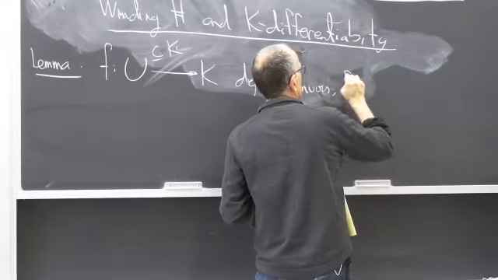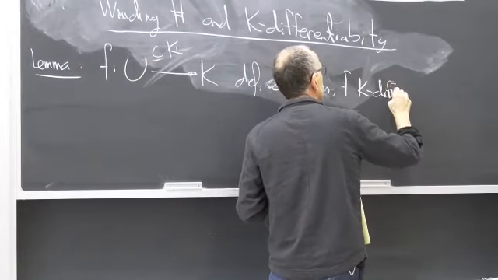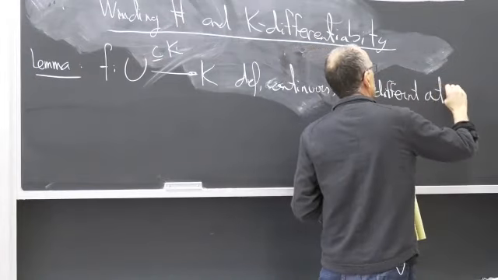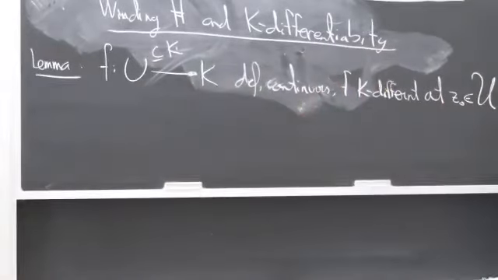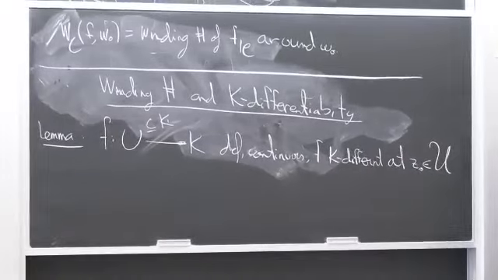K differentiable, so differentiable in the complex sense, at some z0 in U. Right? It just means that f of z minus f of z0 divided by z minus z0 in K has a limit.